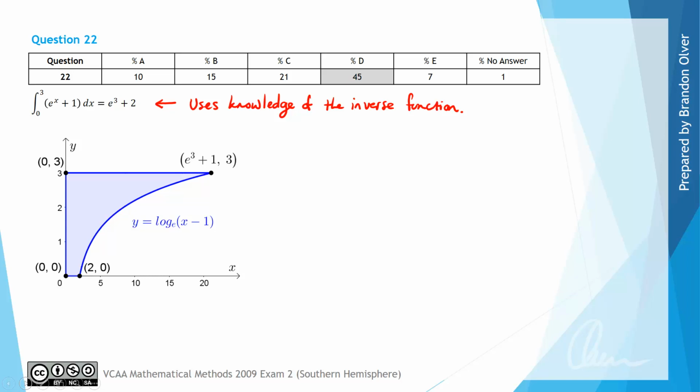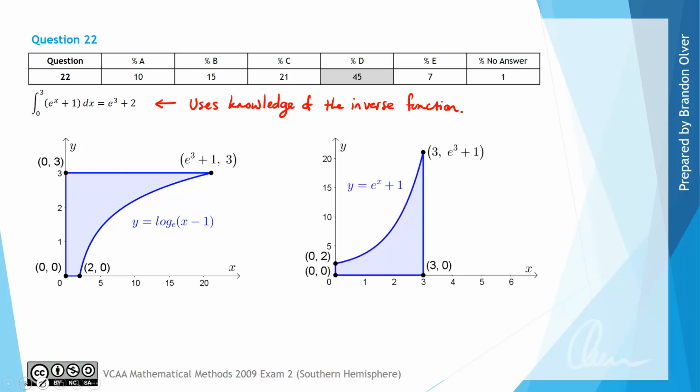So if this was our original function where we had y equals log e of x subtract 1, and that's the shaded area or region that we wanted to calculate, then the inverse, if we swap x and y and solve for y, the new rule could be written as y equals e to the power of x plus 1. And now the area calculation is slightly different.